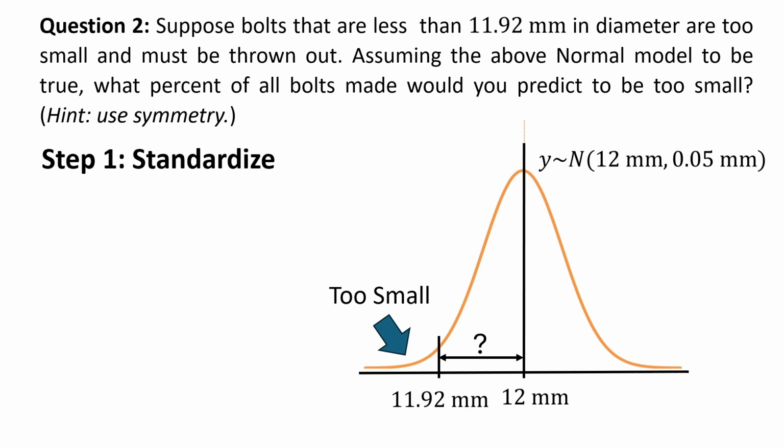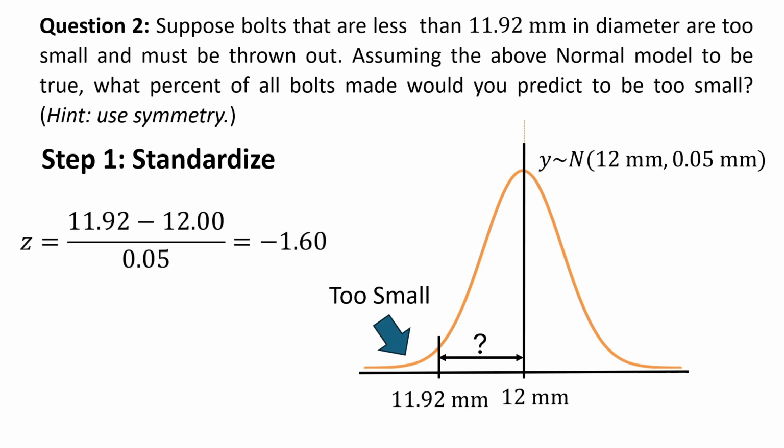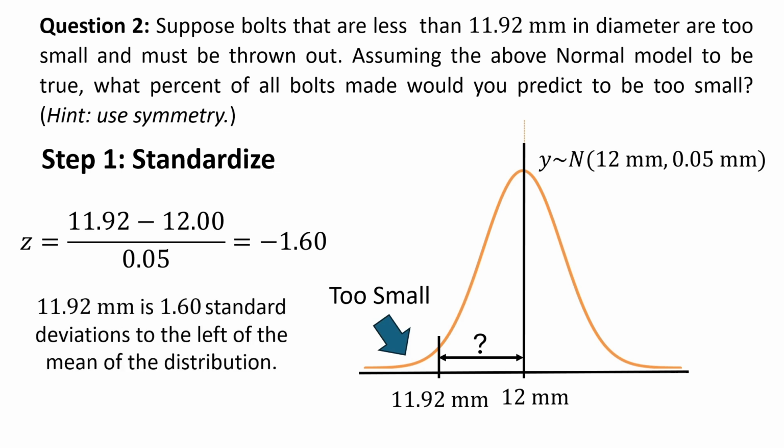So again, standardization: you take your value of interest, subtract the population mean, divide by the population standard deviation, and you see we get minus 1.60 this time. So in other words, 11.92 millimeters is 1.60 standard deviations to the left of the mean of this distribution.